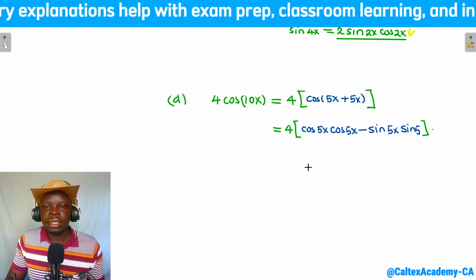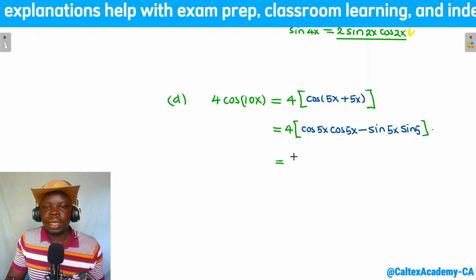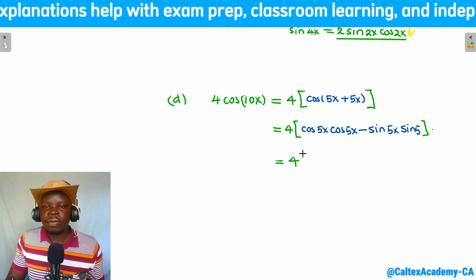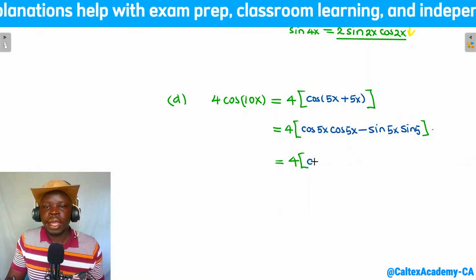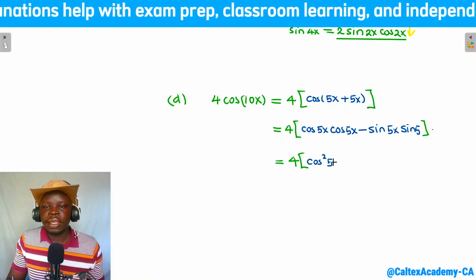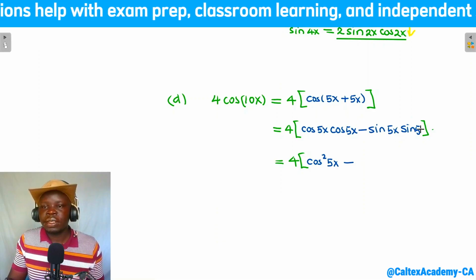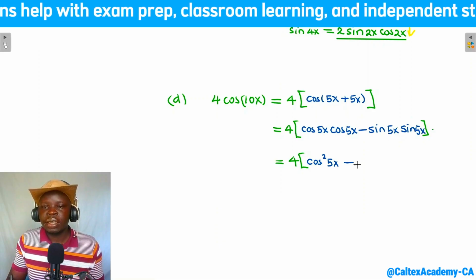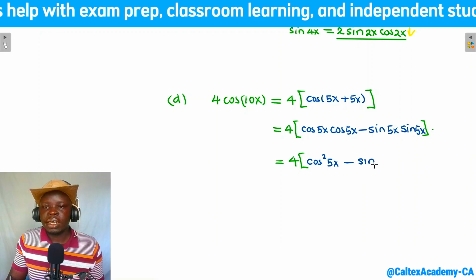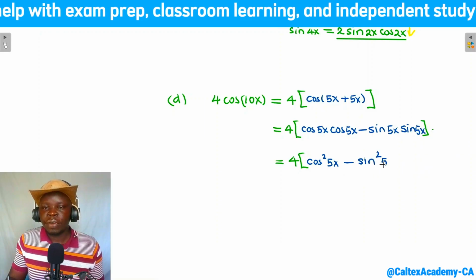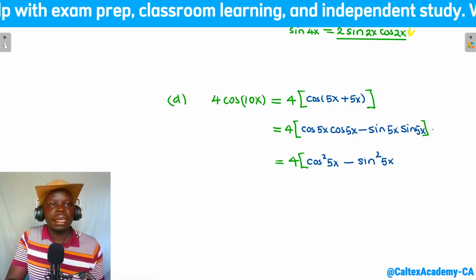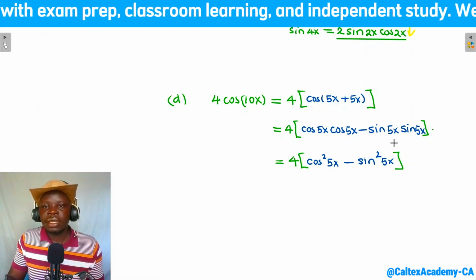So when we look at the first one here, we have cos square 5x minus, when we multiply this, sorry, there was x missing here, we have also sine square 5x, and that is the bracket.